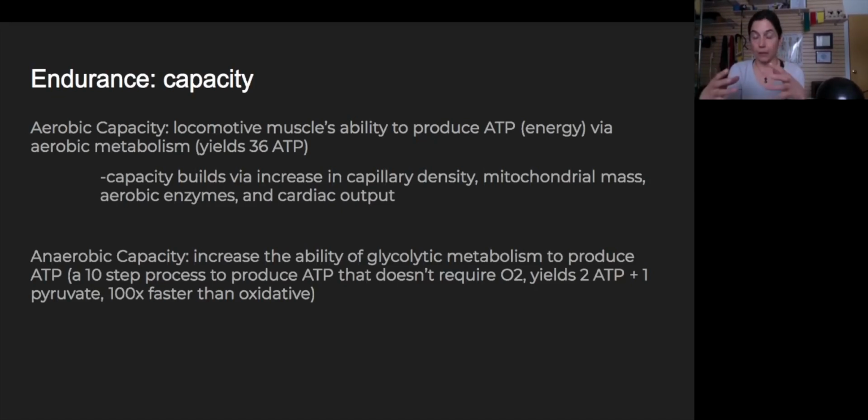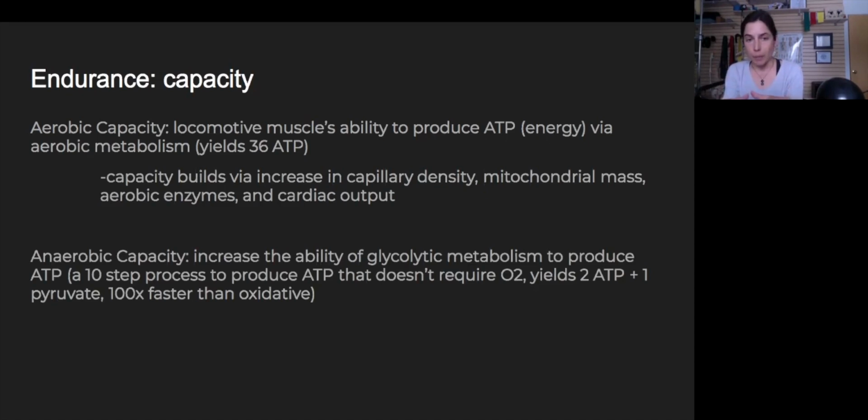And those mitochondria are super rich and dense in our slow twitch type 1 muscle fibers. We're improving aerobic enzymes, and enzymes always catalyze reactions in our body, so we're able to do more enzymatic action. Everything becomes more efficient as we build this capacity. And we're even also working at increasing our cardiac output.